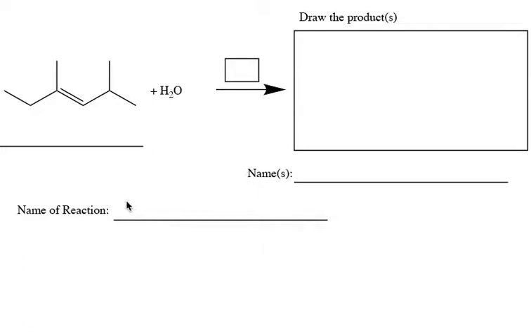Here's another example of a hydration reaction of an alkene. We're going to start by naming our molecule. We have 1, 2, 3, 4, 5, 6, or 1, 2, 3, 4, 5, 6.